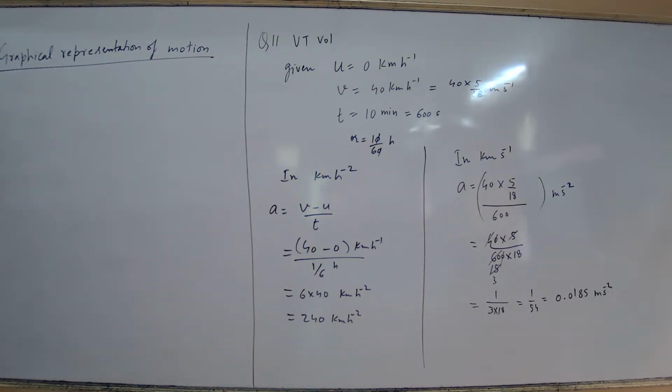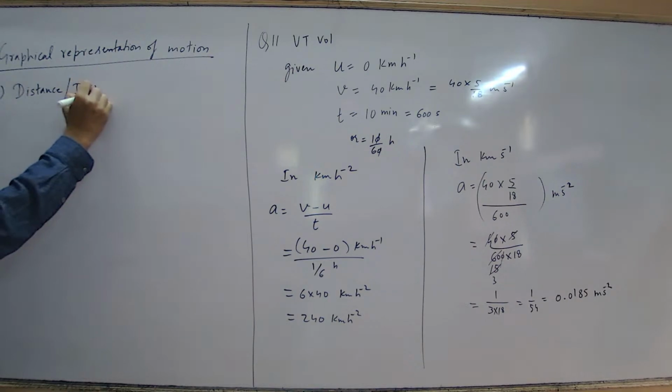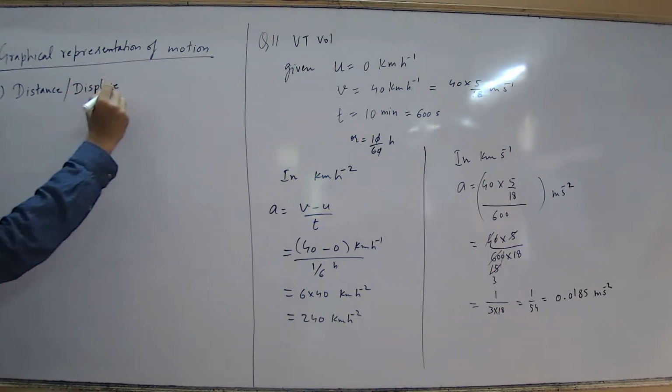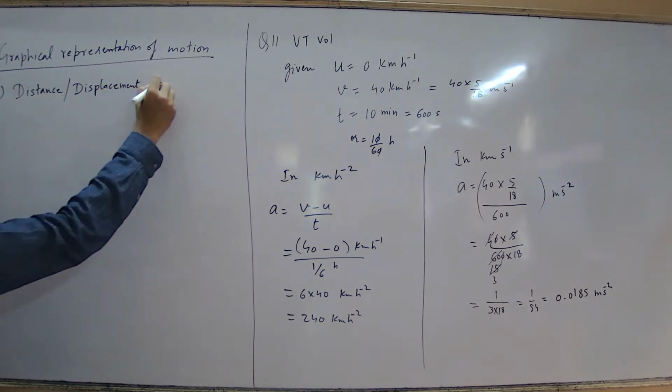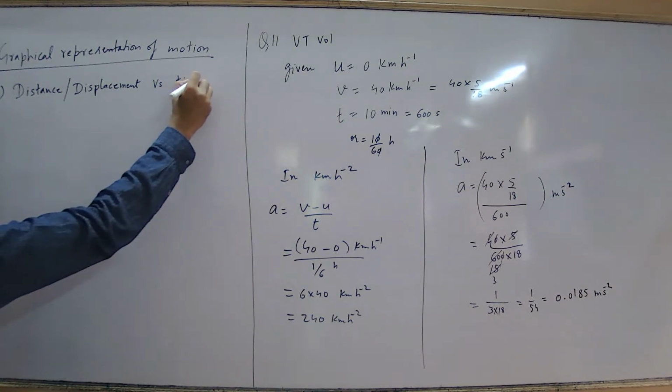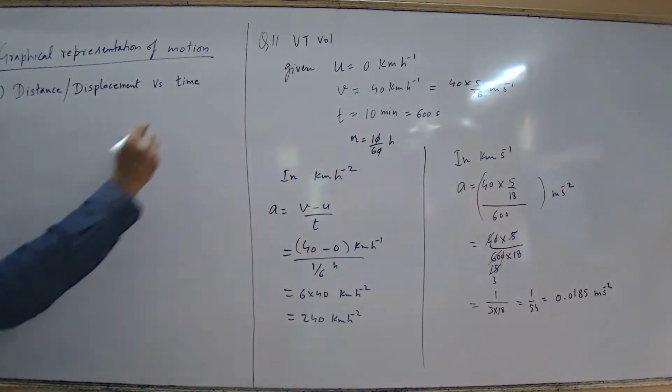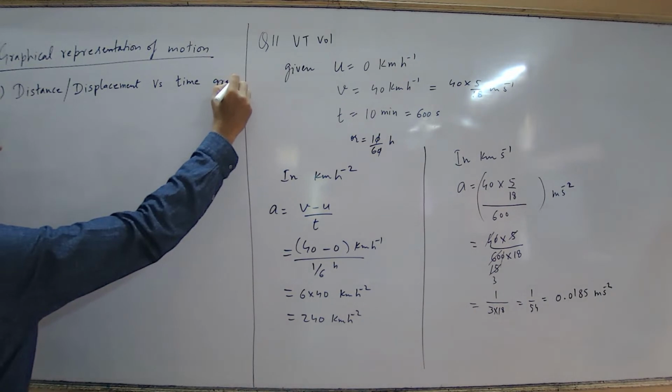So therefore, we have different types of graphs, such as distance or displacement, anything. Distance or displacement versus time graph. This is the first type of graph.